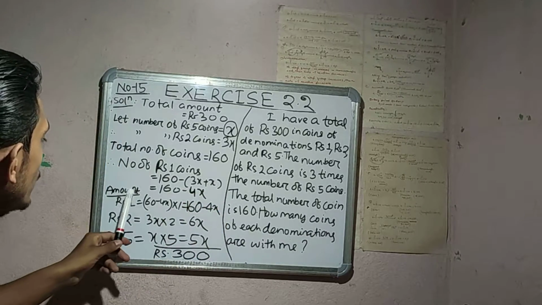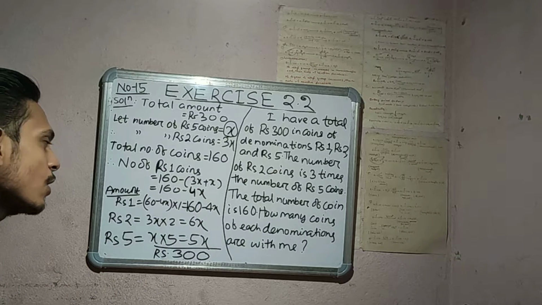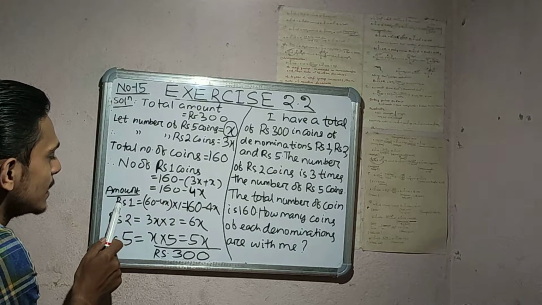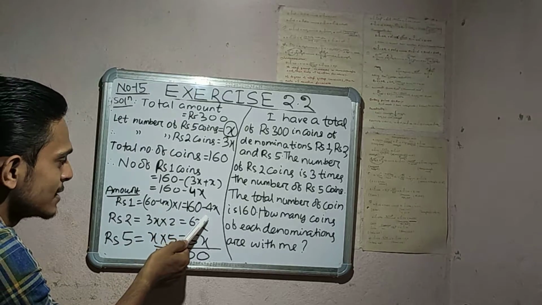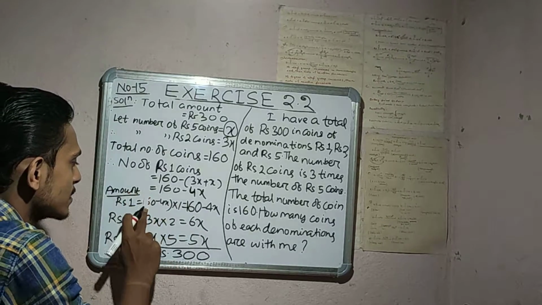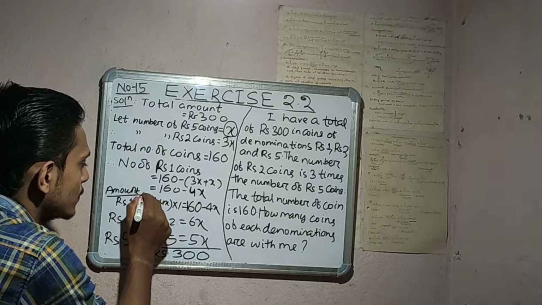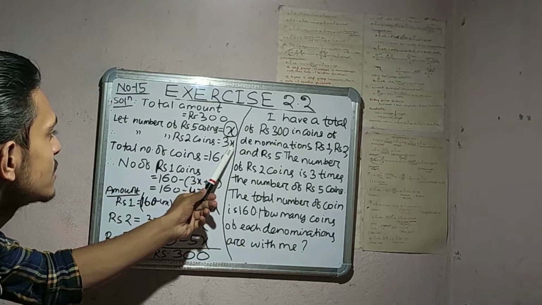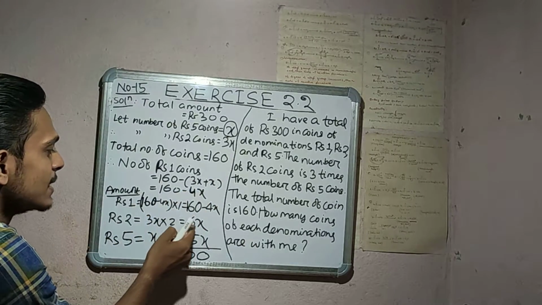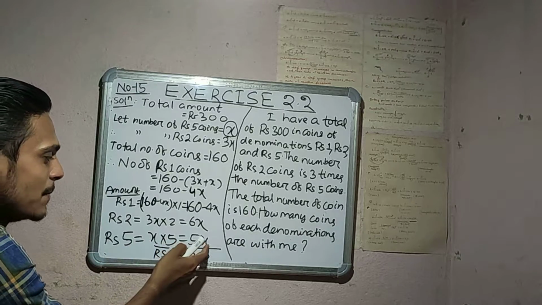But we have to find the amount, because the total amount is given. So the amount for rupee 1 is (160 minus 4x) multiplied by 1, that is 160 minus 4x. Then the number of rupee 2 coins is 3x, the amount is 2 times that, that is 6x, and the amount of 5 rupee coins is 5x.